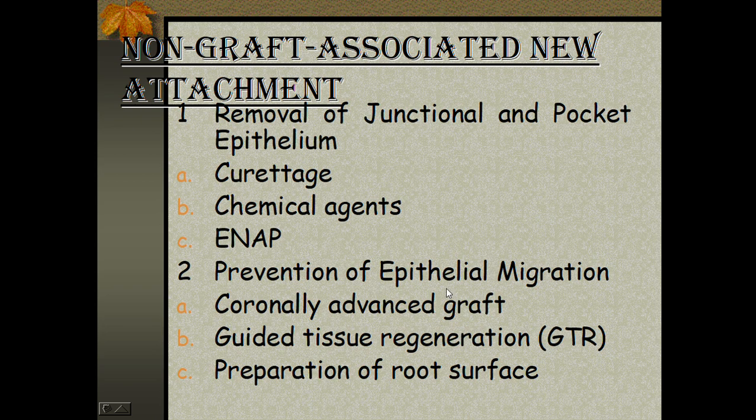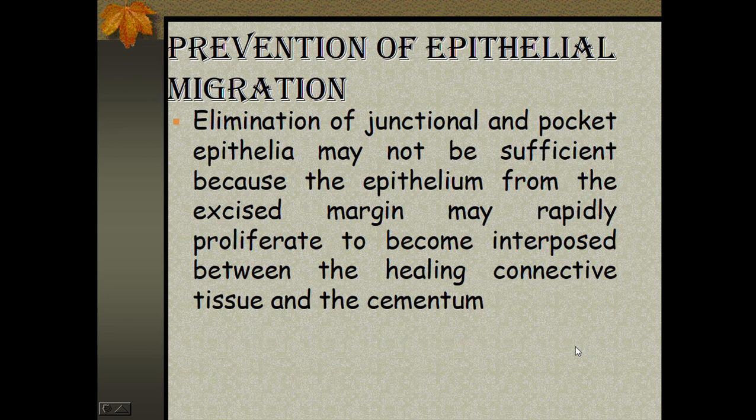Next is prevention of epithelial migration, which we will be discussing today. We will achieve this prevention of epithelial migration by coronally advanced flap, guided tissue regeneration, and by root preparation or root modification that I will be discussing in my next lecture. In this lecture, I will be discussing coronally advanced flap and guided tissue regeneration.